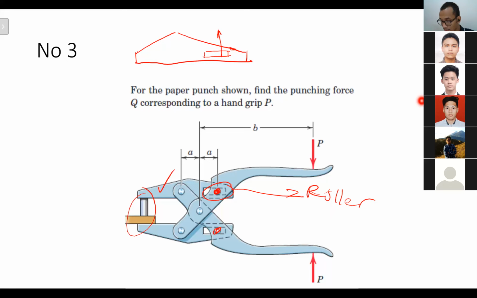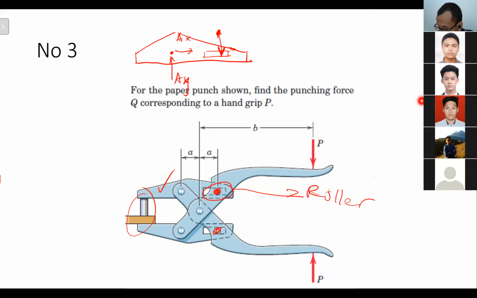Yes, sir. Going down. And what else do we have there? There is a pin there. I will name it AX, sorry, AY and AX.